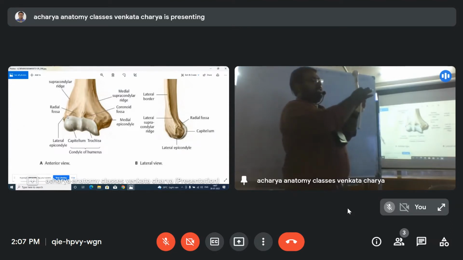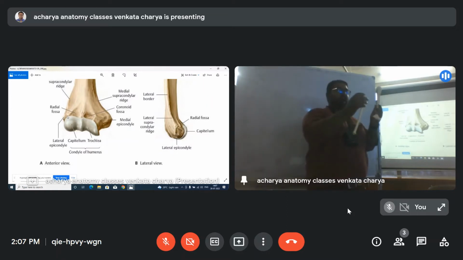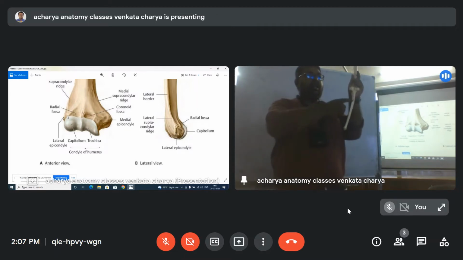In the center there is an elevation on the trochlea, and in the center of the notch there is a depression. So this olecranon, this one is the trochlea and this one is the trochlear notch. So the trochlea articulates with the trochlear notch of the ulna.